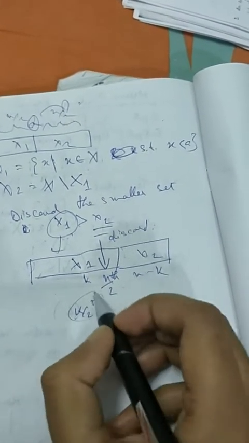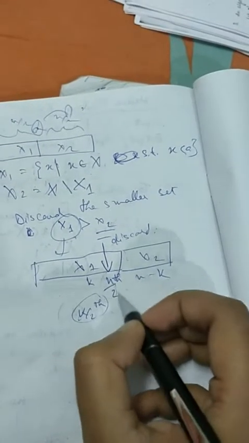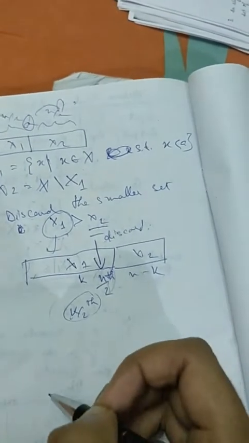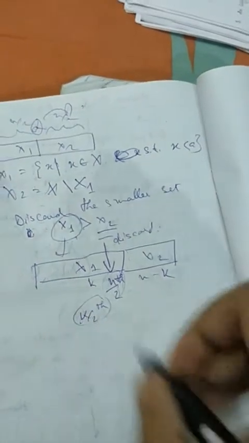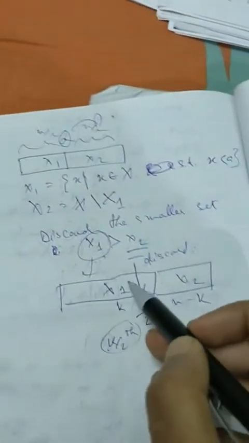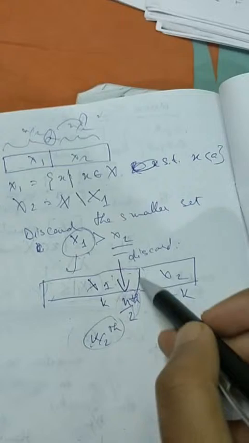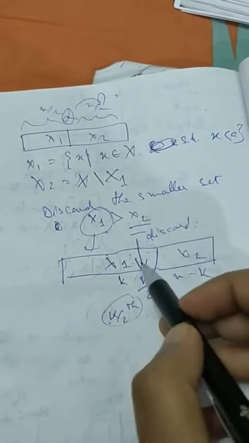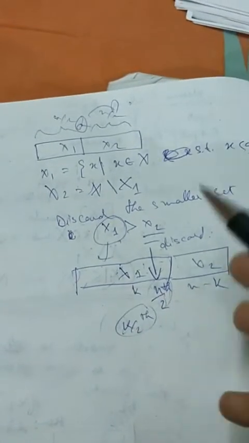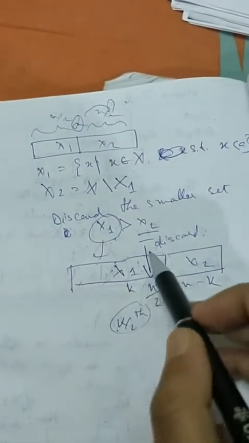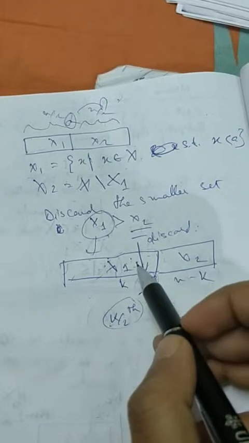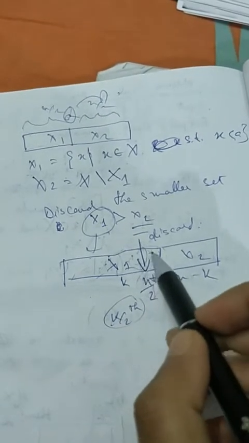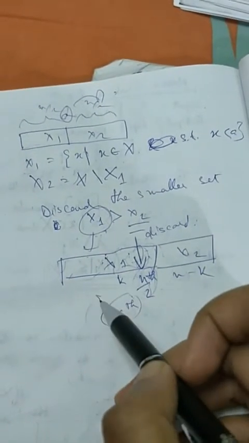So in our next recursion we also have to send this number n by 2th, and in that split of x1, which will be the x in that next recursion, x1 will become the x, and we'll split this array again into x1 and x2, and we have to find the n by 2th element in that splitting.